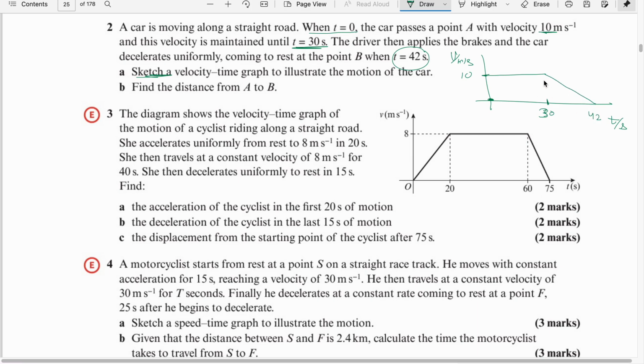So this is 42. Sketch done. Find the distance. Distance is the area. So 1 by 2, sum of parallel sides times height, and that is 30 plus 42. 72 by 2 is 36, times 10 is 360.